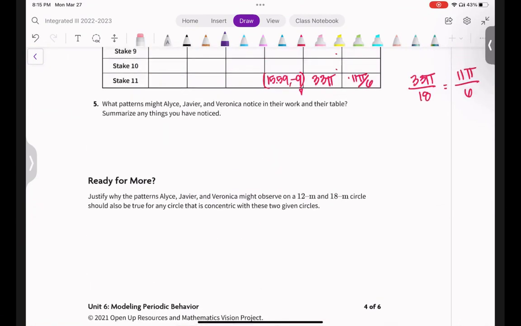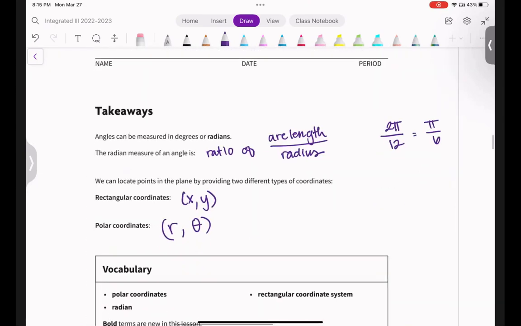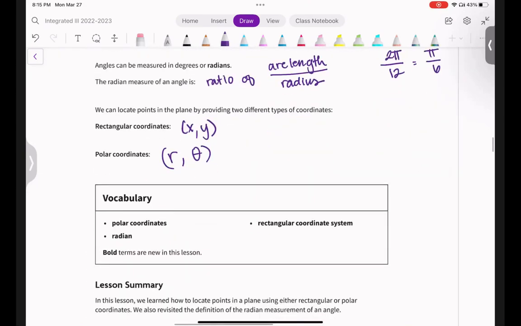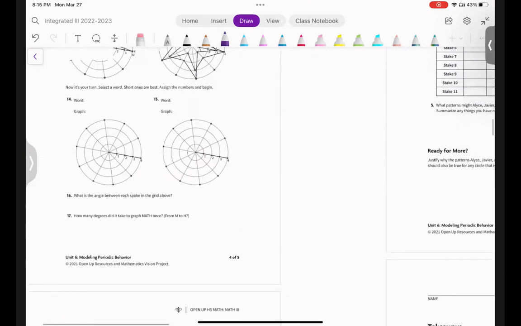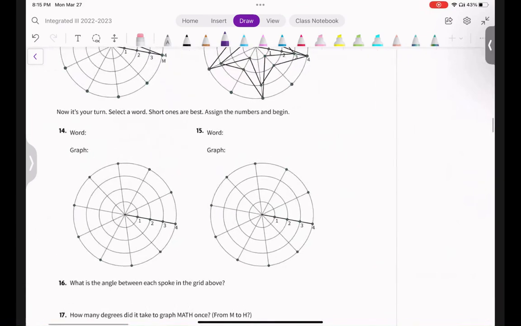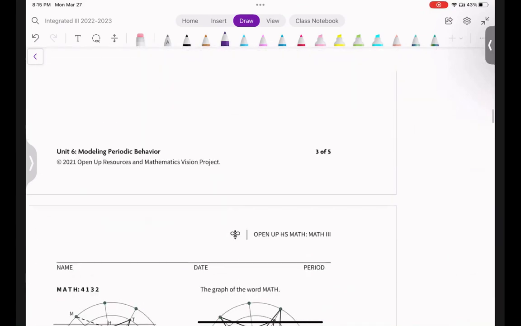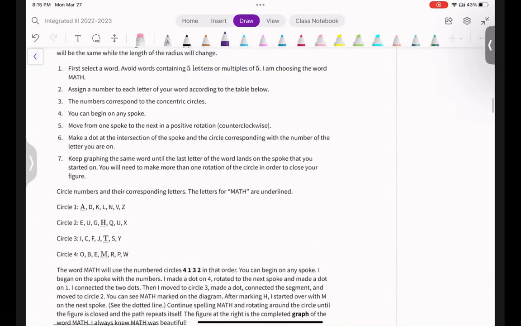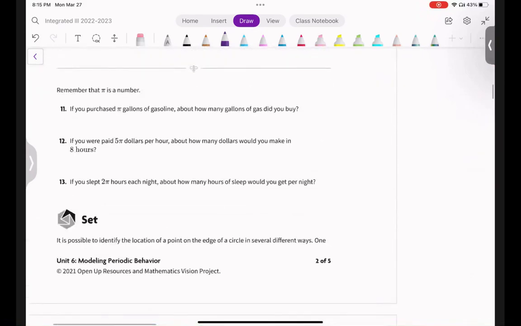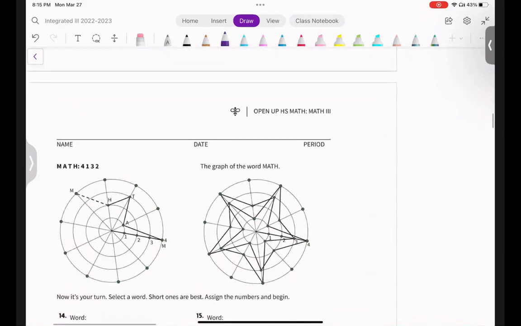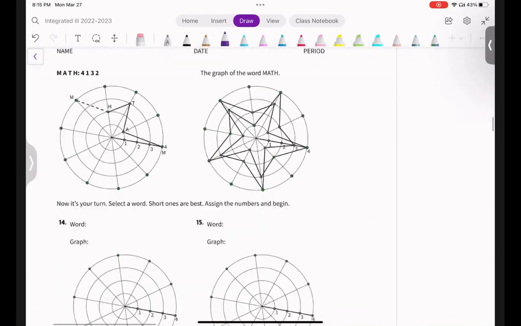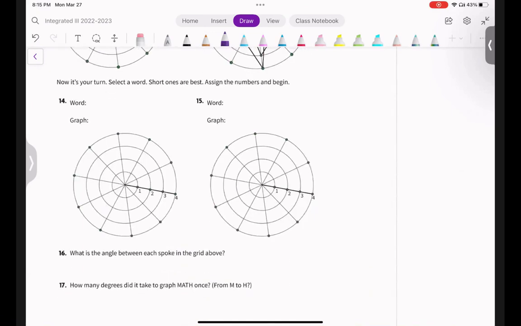Let's see. Oh, wait, where's my takeaways? There it is. So you are going to be able to practice your polar coordinates here. Let me show you. Sorry.